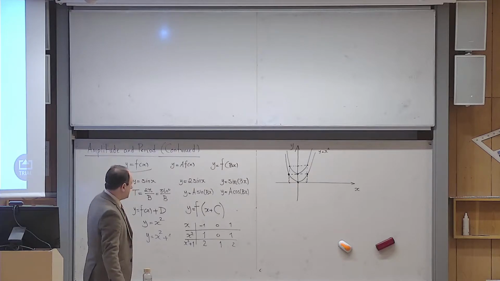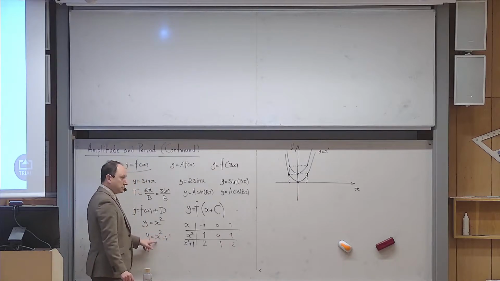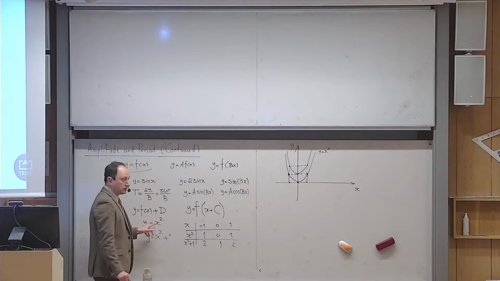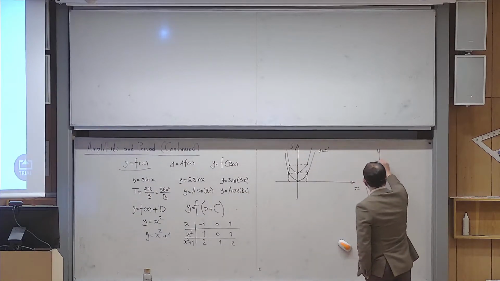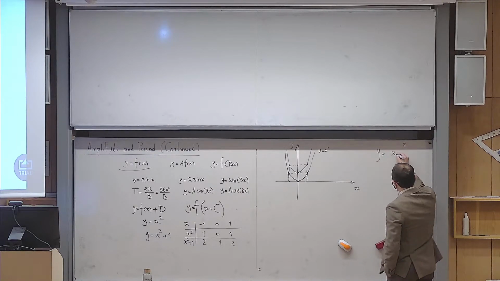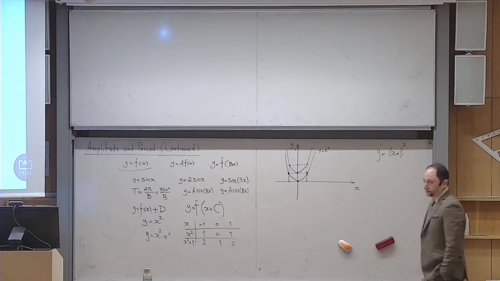But for the other case, instead of adding 1 to the function, let me add 1 to the x value. What does it mean? It means that I have x to power 2, but let me add 1 to x. Yes?